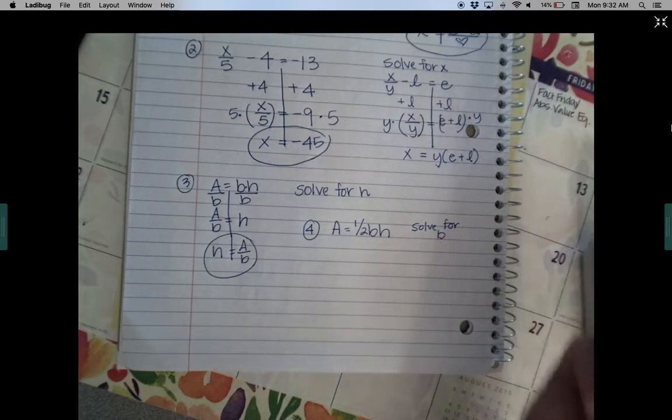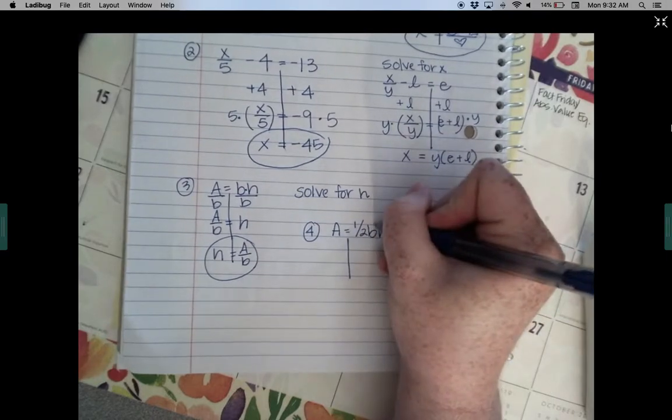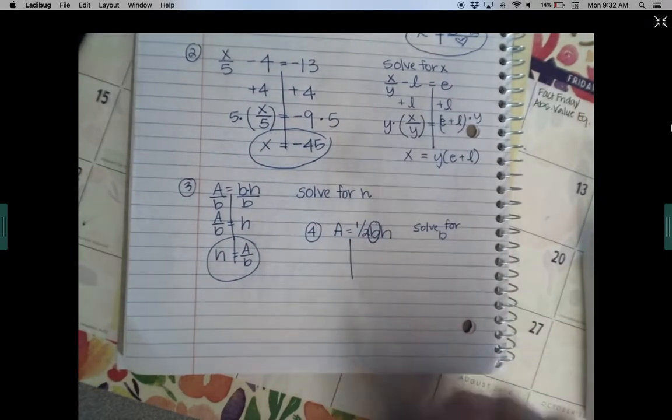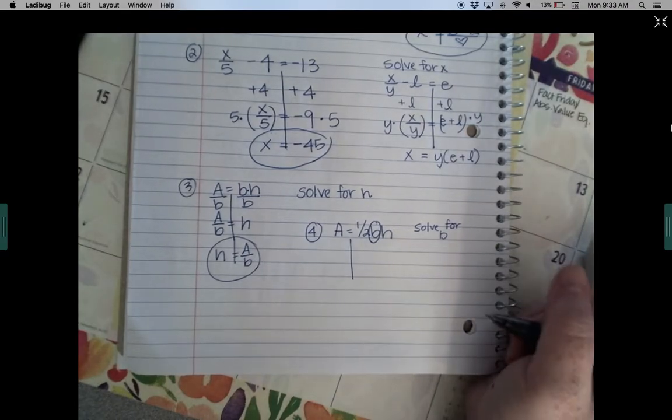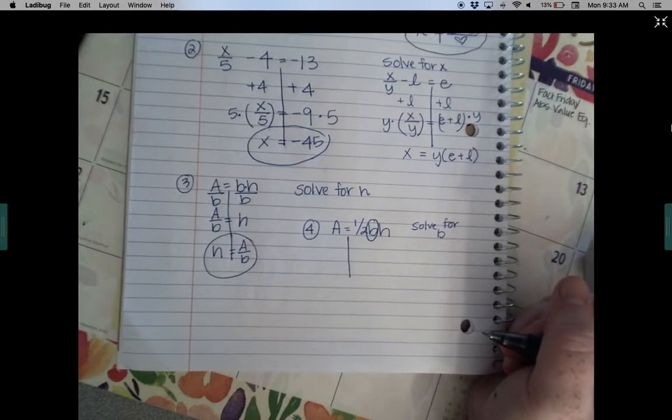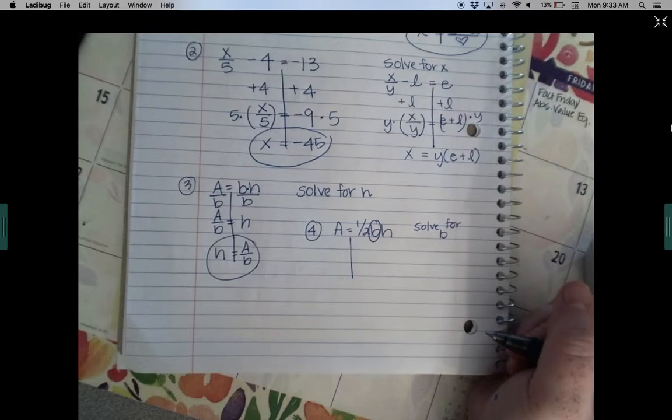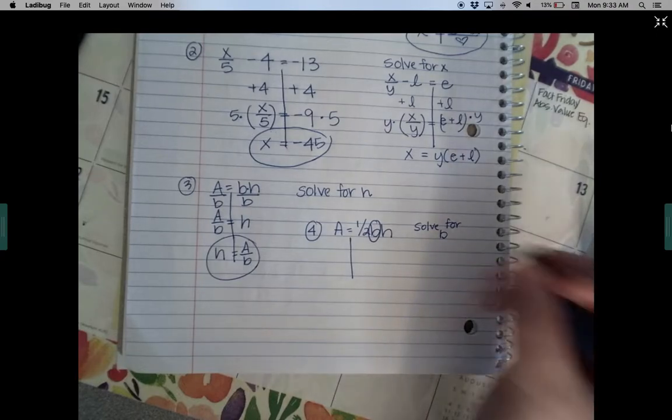Okay, I want to get the b by itself. That b right there by herself. What do I need to do? What would you guys do first? Divide by 1/2 or h, either way. Dividing by 1/2 is the same thing as multiplying by 2.